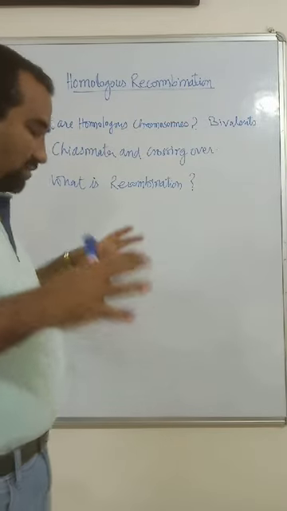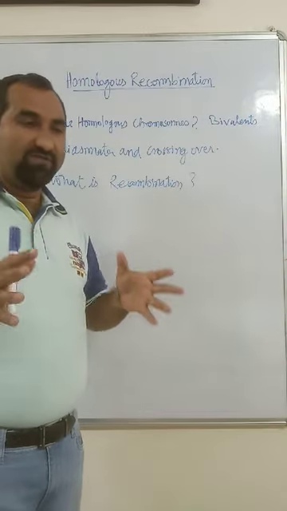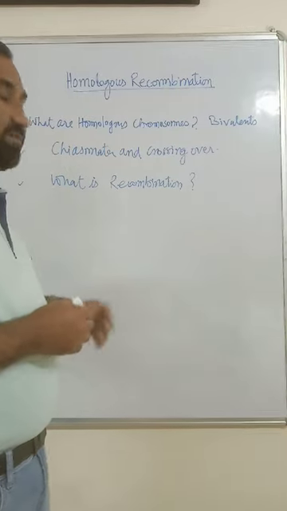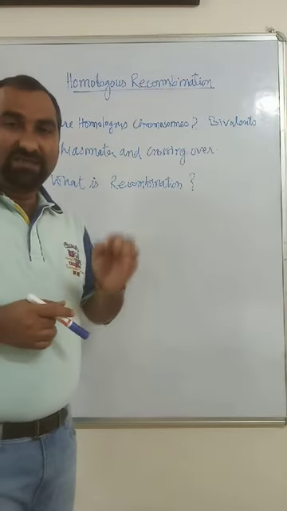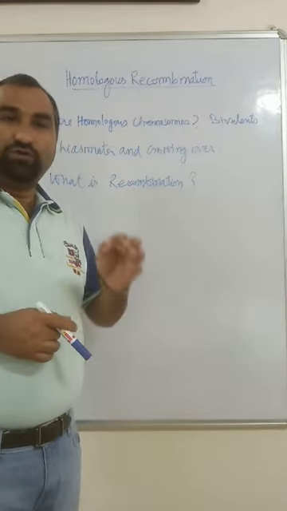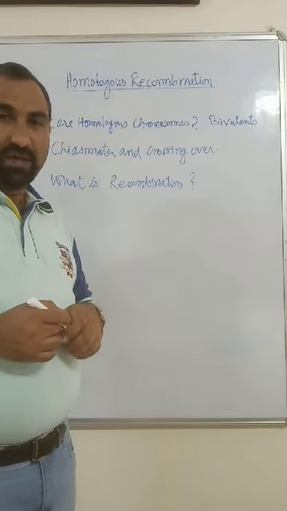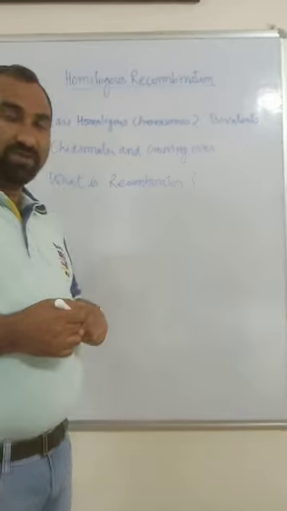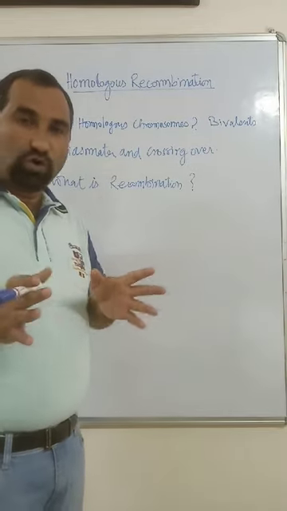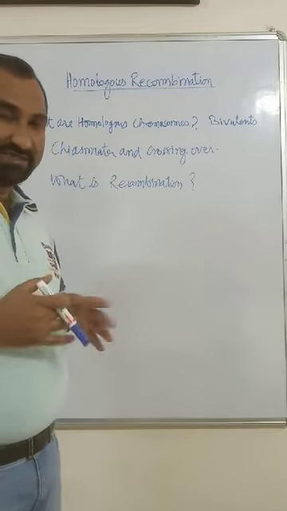As you are aware, in a diploid cell, every cell has two copies of one chromosome. It means one chromosome has two copies in a diploid cell.